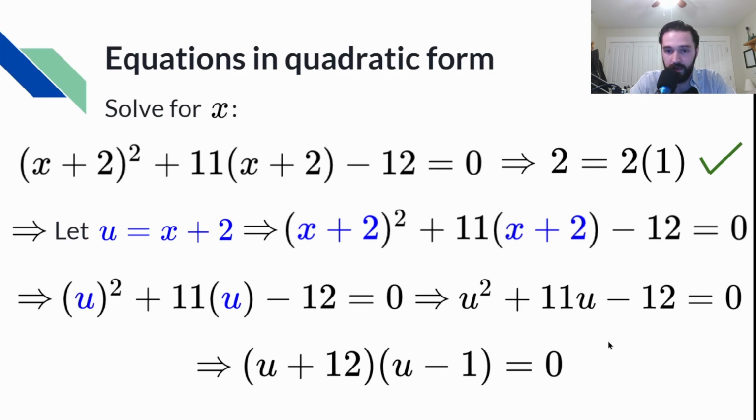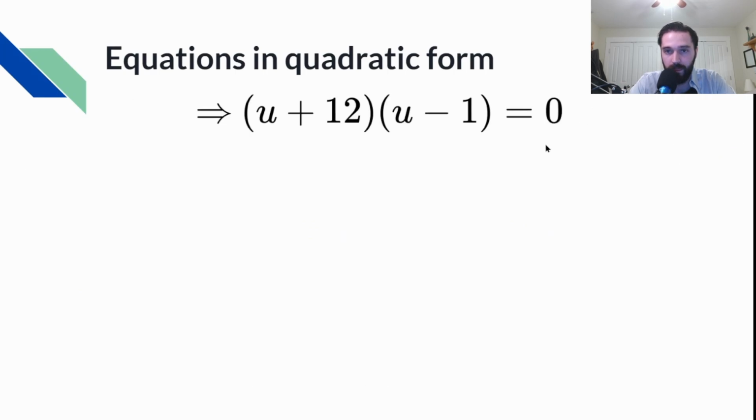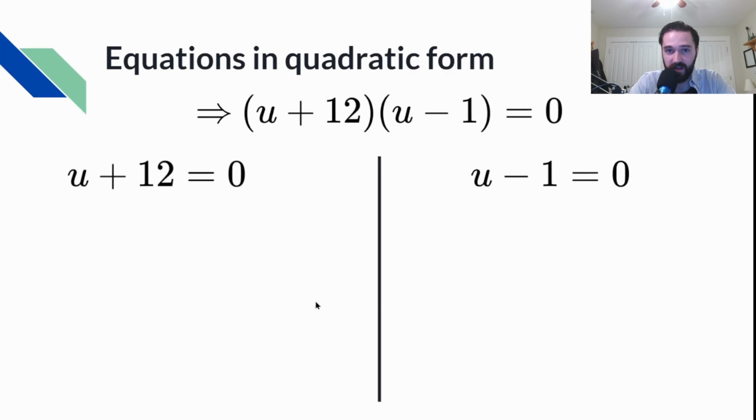Let's take this factored version to the top of the screen. I have something times something equals 0, so by the zero product property, I can set each thing equal to 0. Now we just need to solve. Let's subtract 12 from both sides over here, and we'll get u equals negative 12.